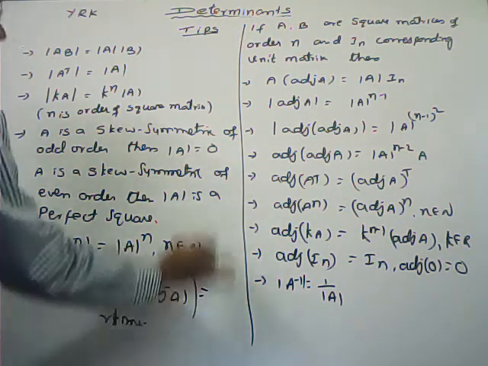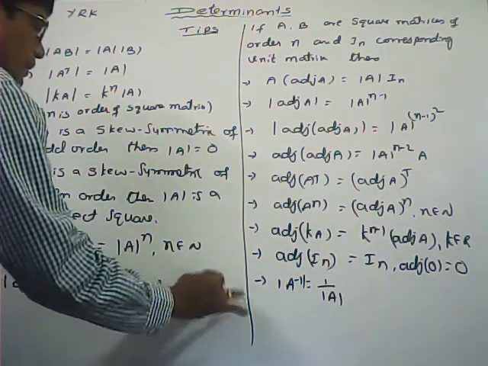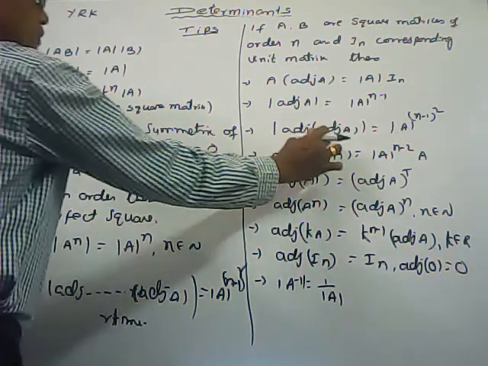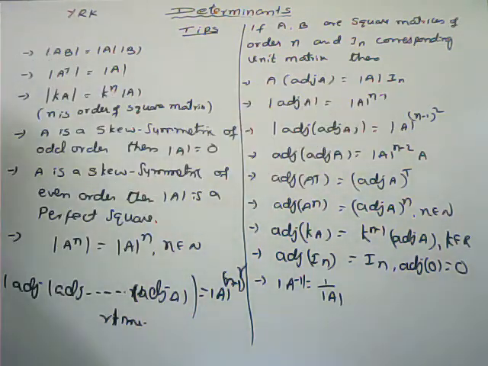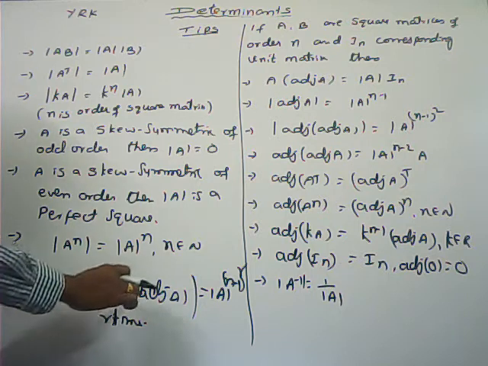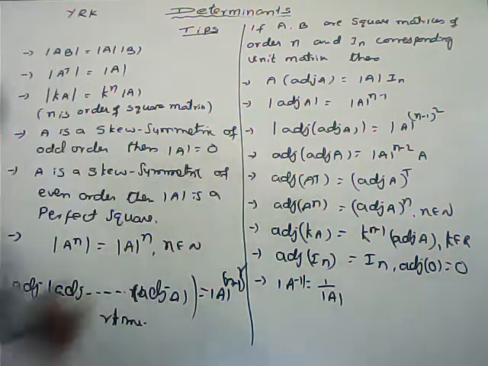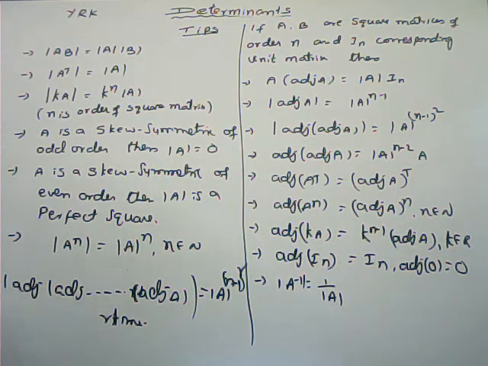Then here we can write det A whole power n minus 1 whole power R. Here 2 times are there, adjoint of adjoint A, so n minus 1 whole power 2. Adjoint repeated R times, so det A whole power n minus 1 whole power R we can write. Here if determinant is not there, adjoint of adjoint A we can write as det A whole power n minus 2 into A. Adjoint of A transpose is equal to adjoint A whole transpose, and adjoint of A power n is equal to adjoint A whole power n.